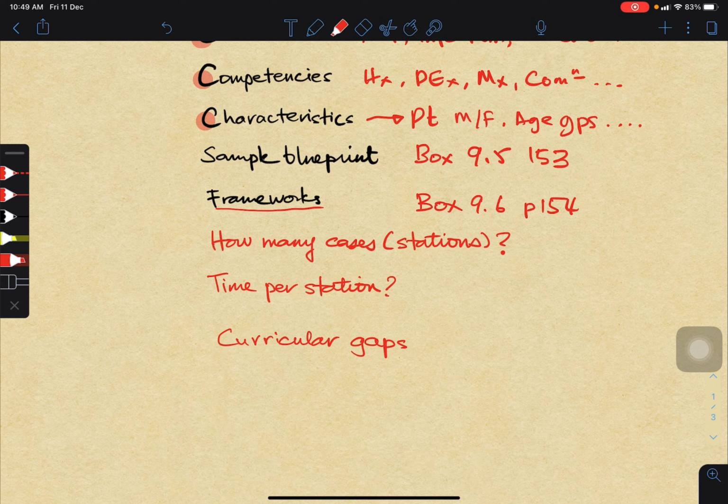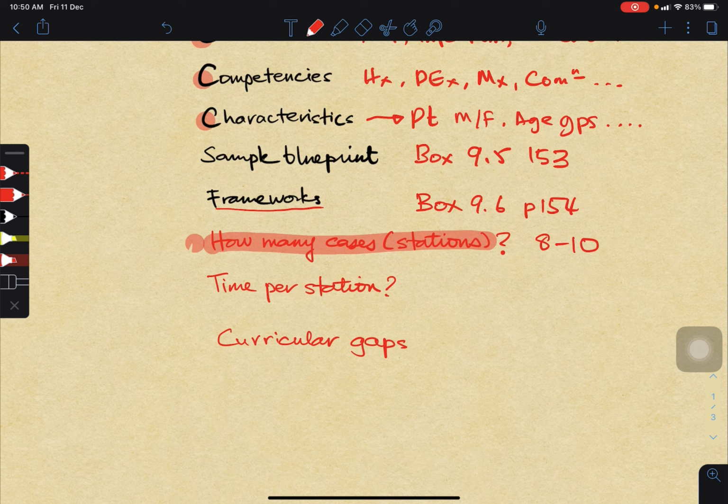One question that often crops up, and you will be asked this later on, is how many cases are enough? How many cases are enough for an OSCE? And if you look at the table, the summary of the discussion, it says there 8 to 10. Okay, at least 8 to 10. Okay, and how long can a station be? It varies, all right?